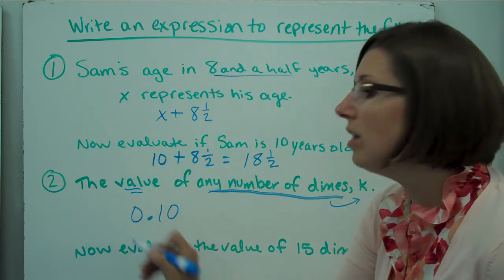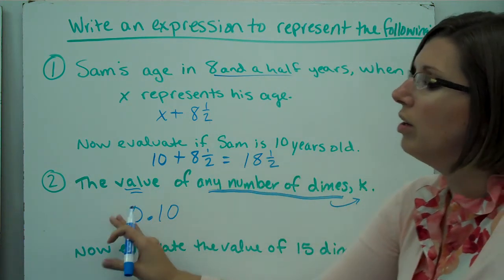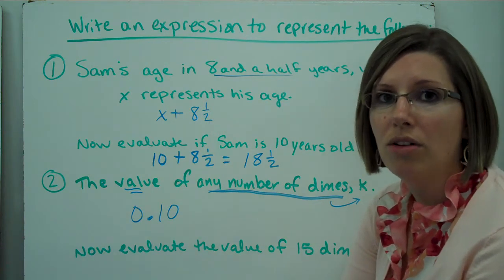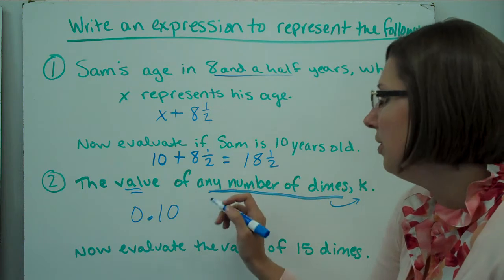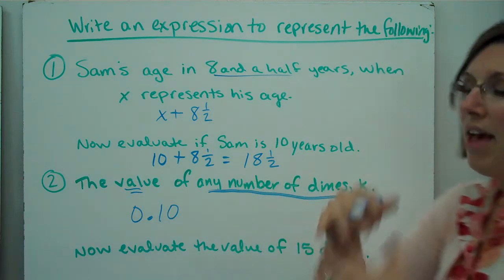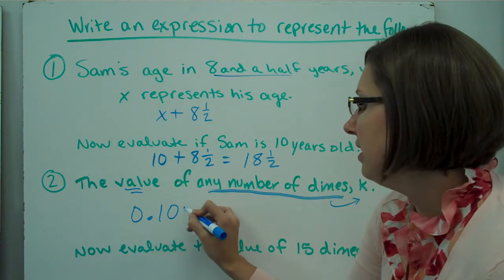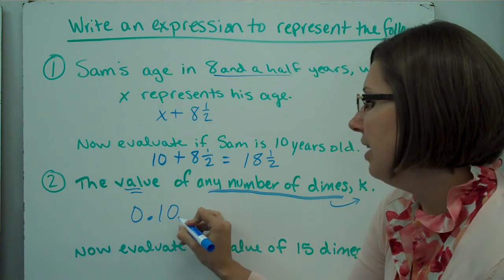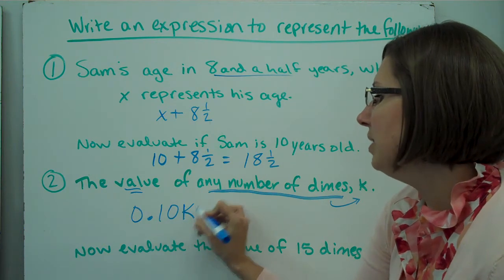I could put a dollar sign next to it, but in expressions, we aren't going to bring in our dollar signs or cent signs. We're going to leave it just the decimal, and I'm going to have any number of dimes. So I'm going to multiply 10 cents, or 1/10, times k.